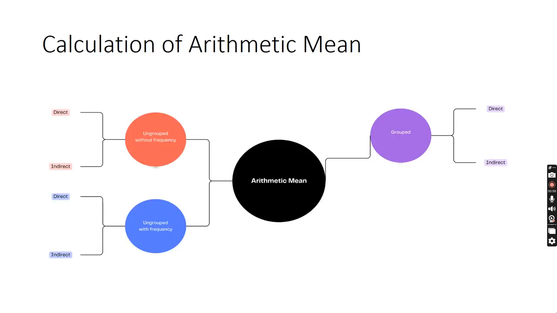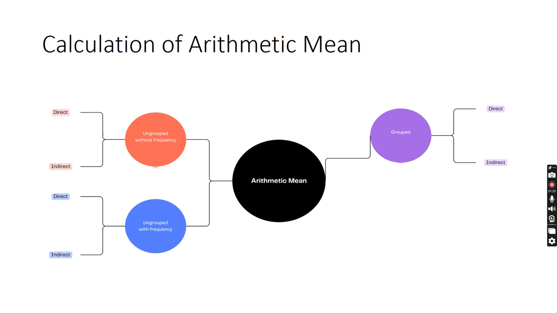Now, coming to the calculation of arithmetic mean, we already calculated arithmetic mean for ungrouped data without frequency and with frequency using the direct and indirect method. By default, group data includes frequency. So we have only two methods, direct and the indirect method.